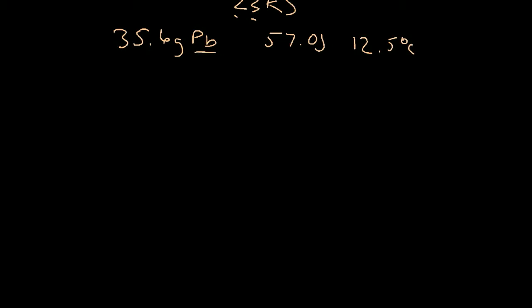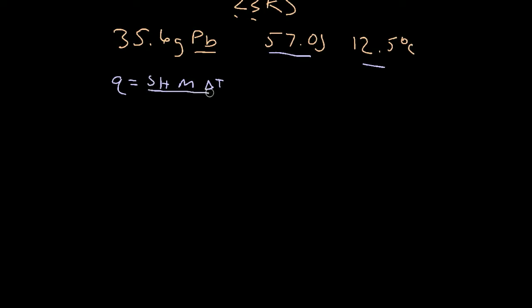Well, we can use the formula that we introduced last time, where heat, represented by Q, equals specific heat times mass times our change in temperature, delta T. We're given the joules, that's 57 here, and we're given the change in temperature and the mass. So we want to solve for specific heat.